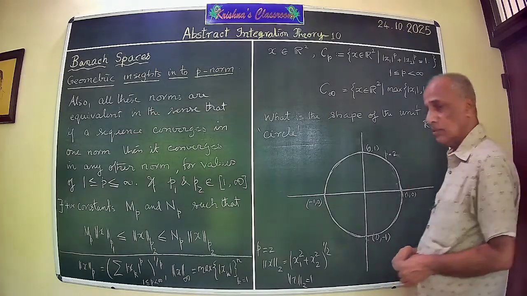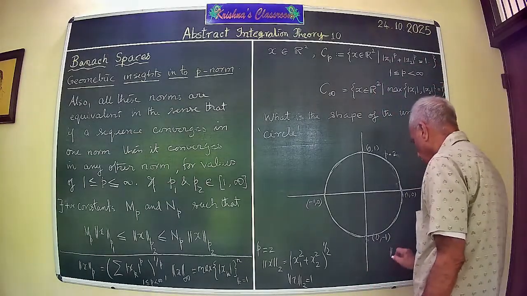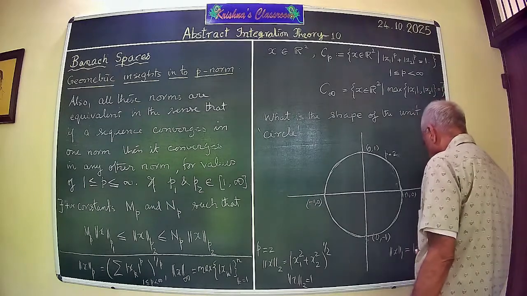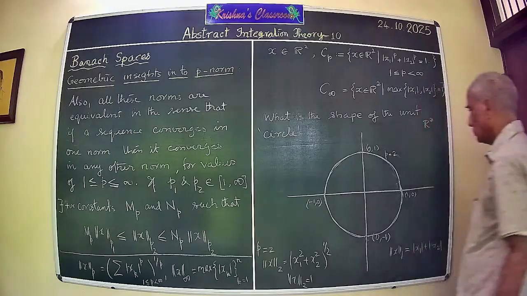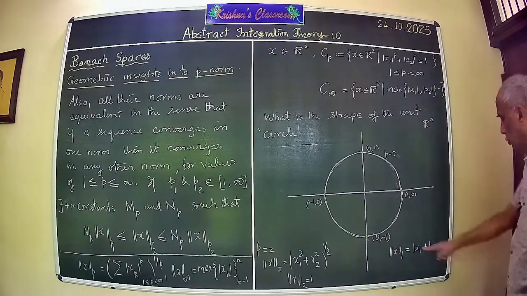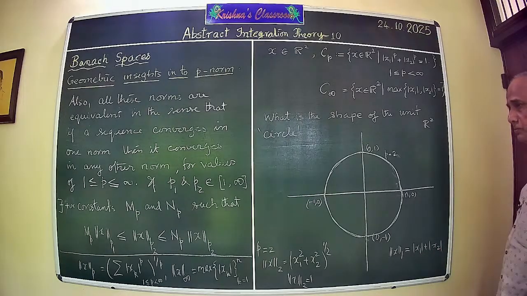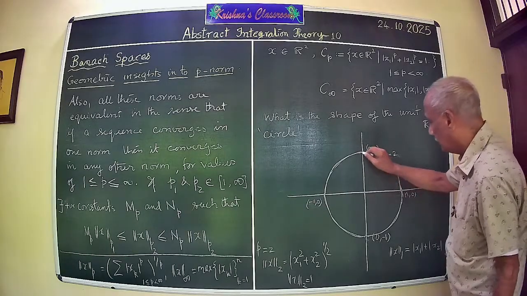Now you see that for p equal to 1, it is going to be norm x1 is going to be mod x1 plus mod x2. So this should be equal to 1. So when both x1 and x2 are positive, or greater than or equal to 0, it is going to be x1 plus x2 equal to 1. x1 plus x2 equal to 1 is going to be this line.